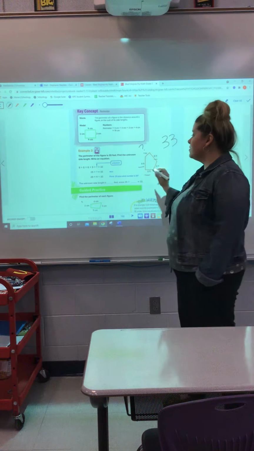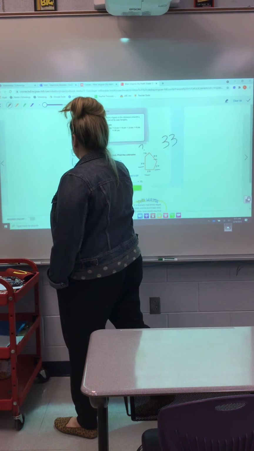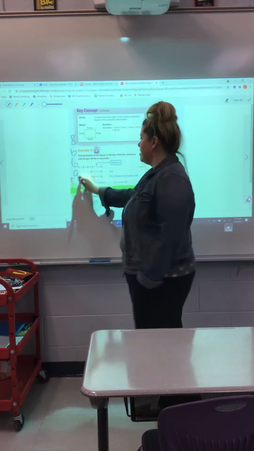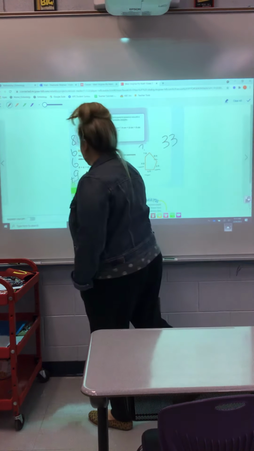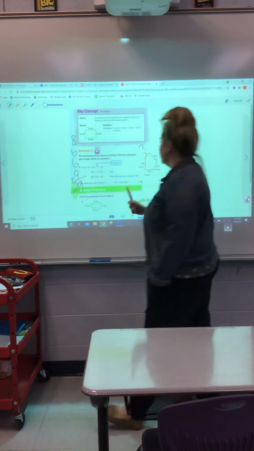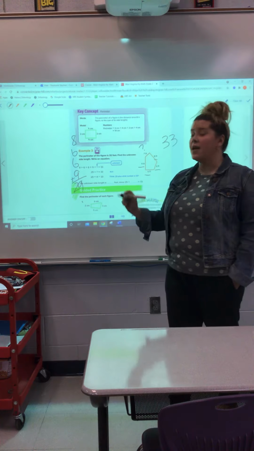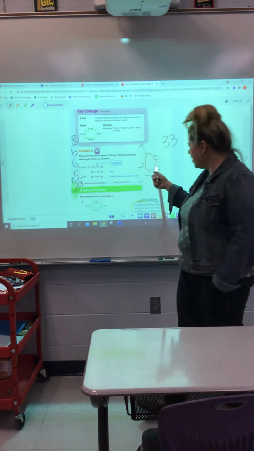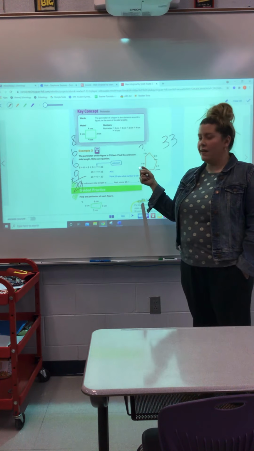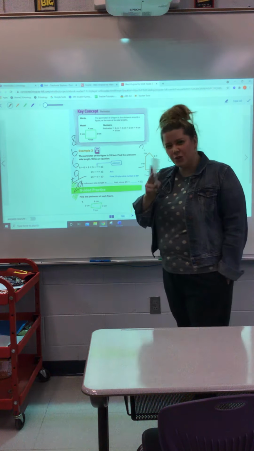Okay, so let's add 8 plus 6 plus 6 plus 9. Okay, and if we added those numbers together, it would give us 29. Okay, so this side plus this side plus this side plus this side equals 29. Well, if all those sides equal 29, and I know that the perimeter is 33, what can I do with those two numbers to figure out how long that side is?